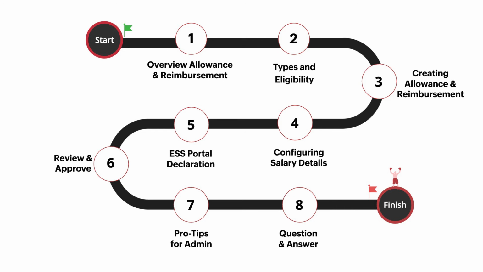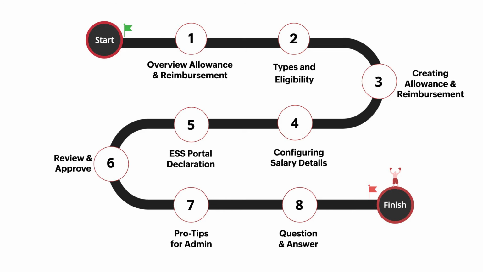From this, we have come to the end of the session today. So in today's session, we have reviewed what is meant by allowances and reimbursements, their types and eligibility, and we have seen how allowances can be created in Zoho Payroll and how they can be configured with a specific employee, as well as uploaded in bulk format.